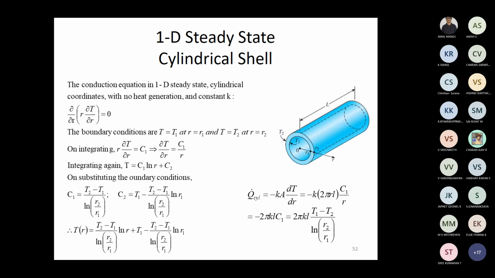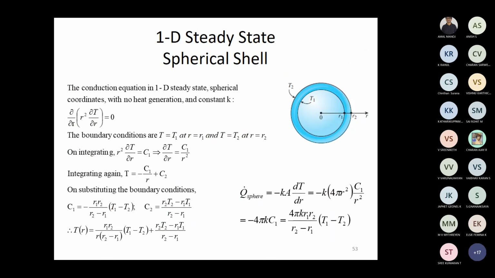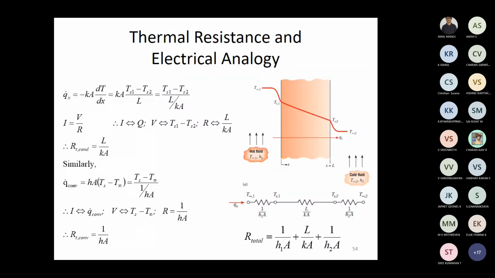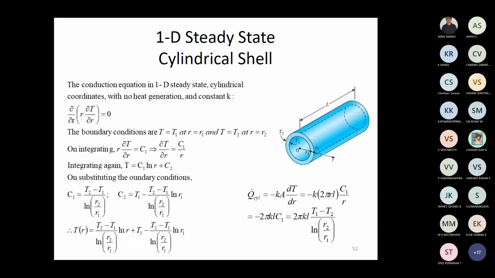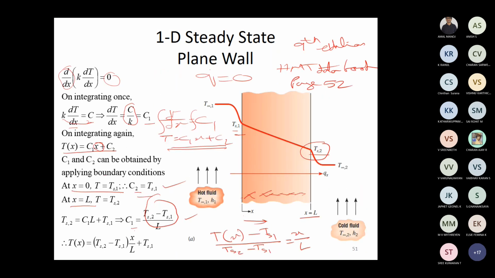In this book, you will see the first equation. You can see here R is equal to L by Ka is written, and after that you can see T1 minus Tx by T1 minus T2 is equal to x by L. I hope you can find this equation.